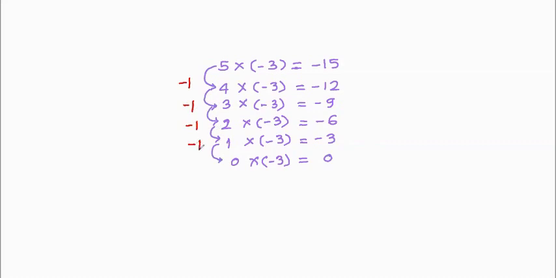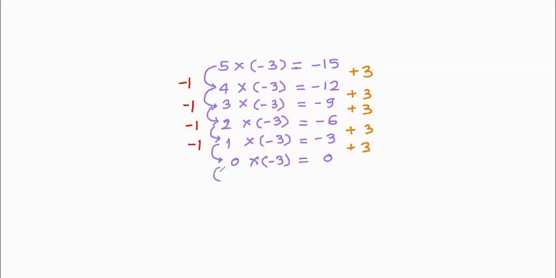Correct? And if you look at the answer, minus 15, if I do plus 3, minus 15 plus 3, I get minus 12. Minus 12 plus 3, I get minus 9. So what's happening is, on the multiplication side, if I'm reducing it by 1, the result is getting added by plus 3.